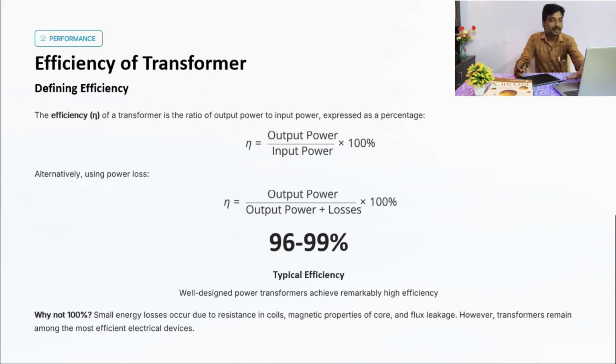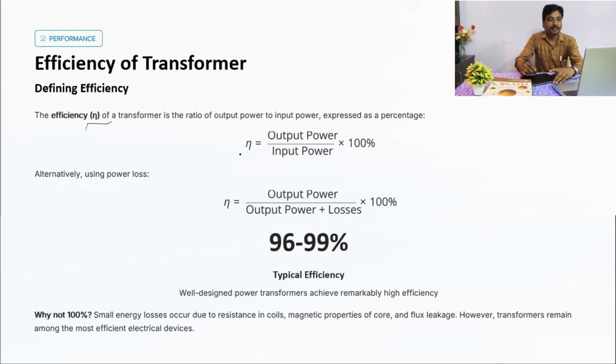Okay, the next one, efficiency of the transformer. Any device's efficiency can be calculated by the ratio of the output to the input. Here, the efficiency of the transformer is denoted by the symbol eta. The efficiency of the transformer can be defined as the ratio of the output power to the input power.